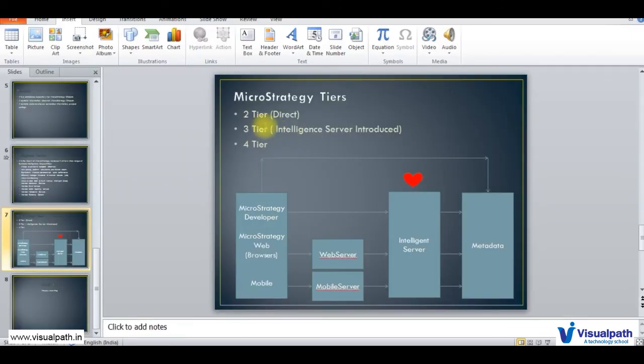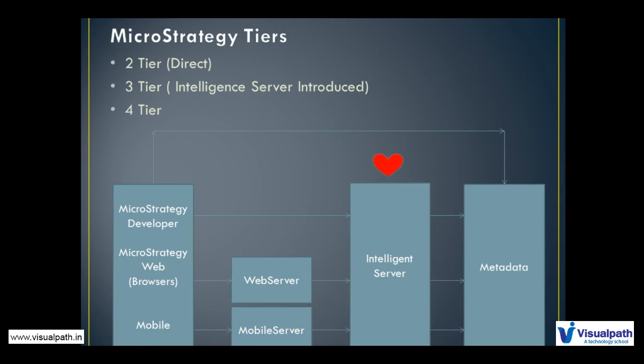Now the last one, which is 4-tier. When I say 4-tier, it's all about MicroStrategy Web and Mobile. Your MicroStrategy Web will connect to the web server, of course, because MicroStrategy Web is hosted on a web server.